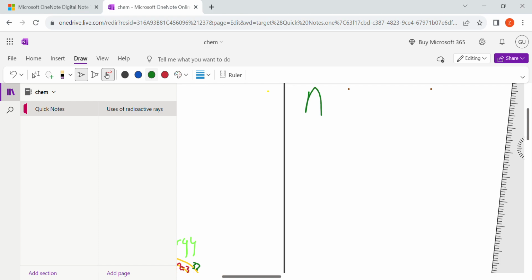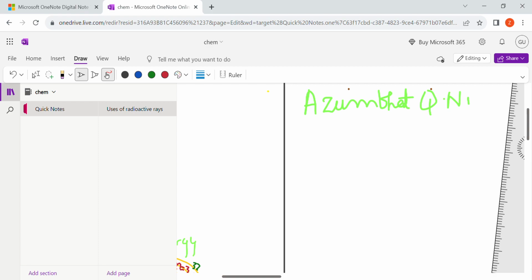I'm not sure about the spelling, but you can check it out. Azimuthal quantum numbers. QN will become too long, that's why I'm writing that.